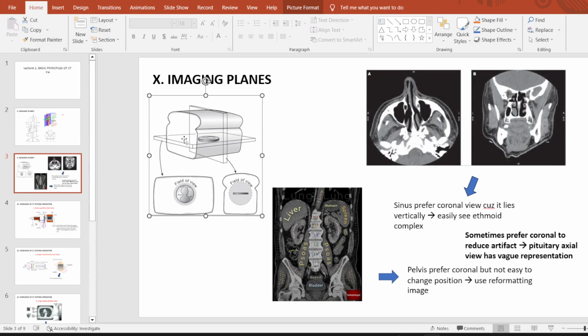And the coin right here is an abnormal tissue. If we see it in the coronal plane, we will be able to view the whole coin.